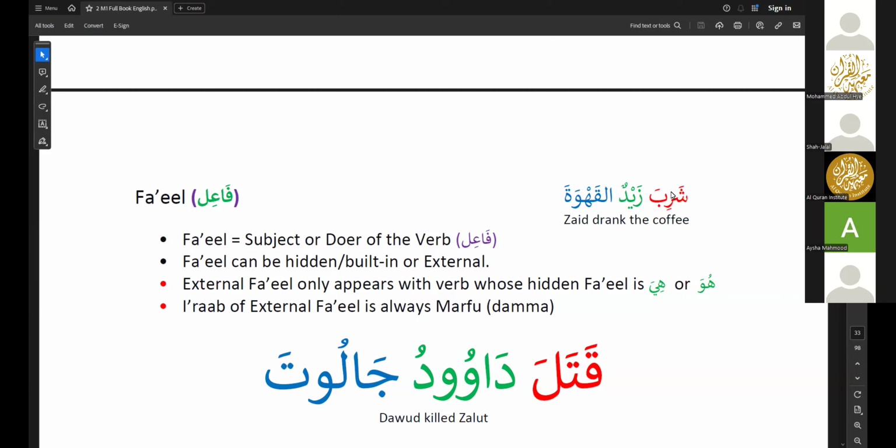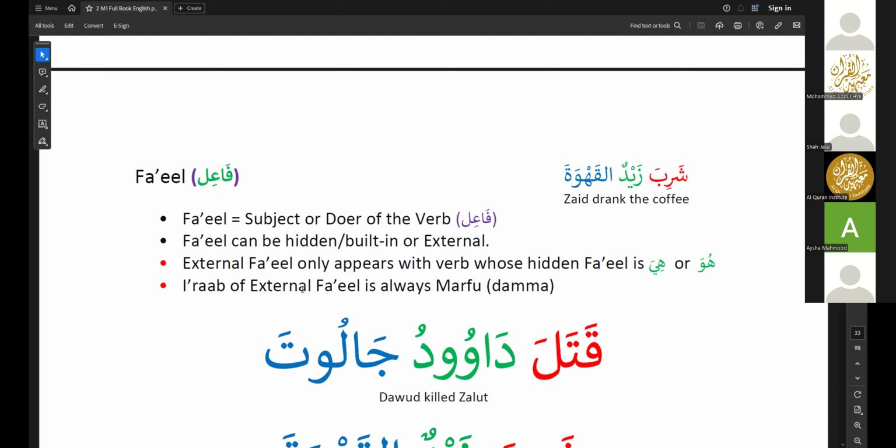Out of 14, if the fail belongs to that form, then we can expect an external fa'il. The other 12 forms of verbs will not have an external fa'il. So remember this. I'rab of external fa'il is always marfu'.